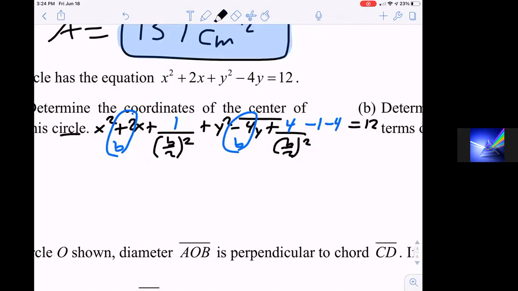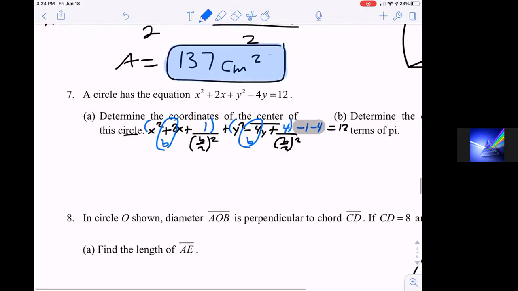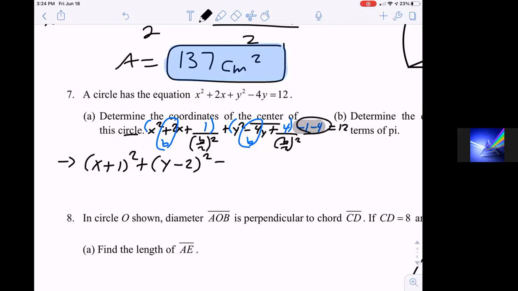So I'm going to add the -4 and -1 while simultaneously grouping my x and y variables. So I get x plus 1 squared plus y minus 2 squared. And then this part right here is -5. So -5 equals 12.